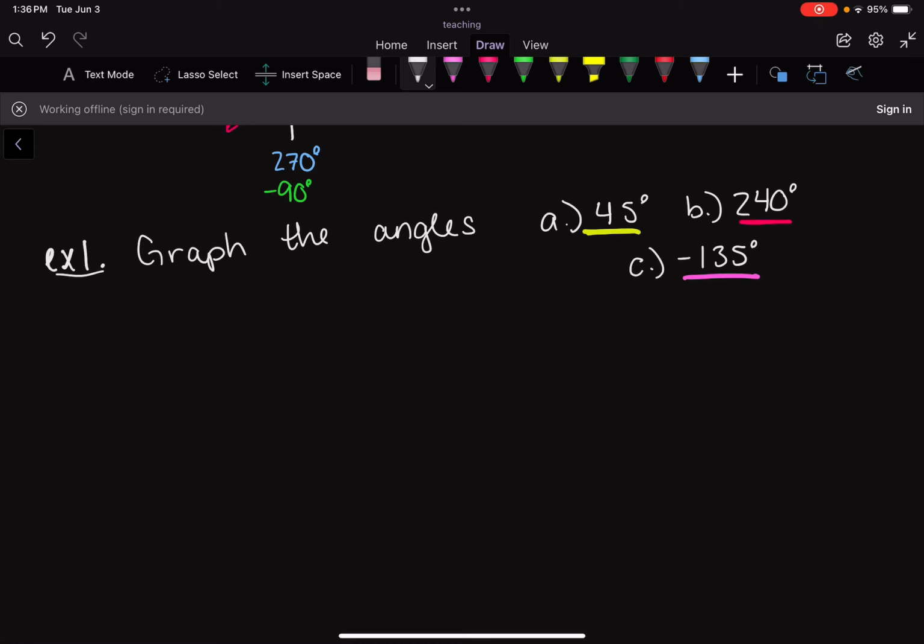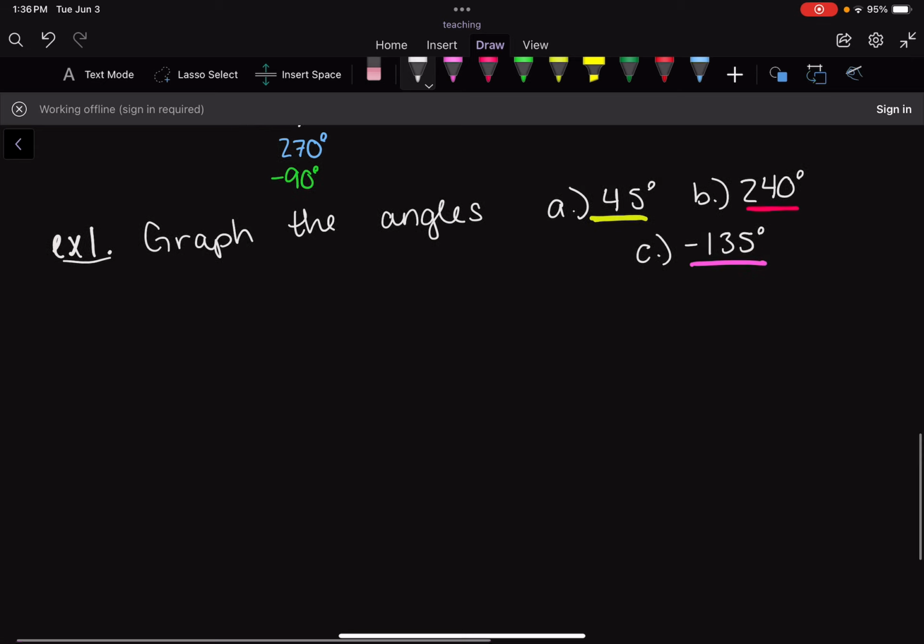Next, we're going to talk about something called coterminal. So let me write a definition for us.